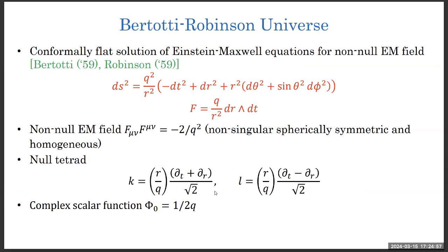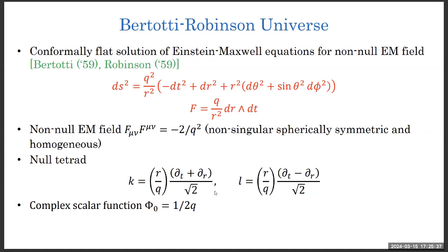Actually, that is the geometry in a uniform magnetic field that extends over the whole space. So it has the charge over, that is the field strength. Now, this is a non-singular, spherically symmetric and homogeneous Einstein-Maxwell solution, solving the Maxwell equation.